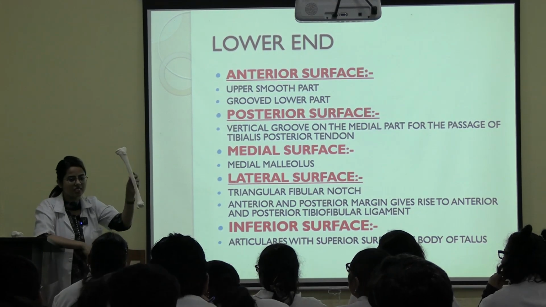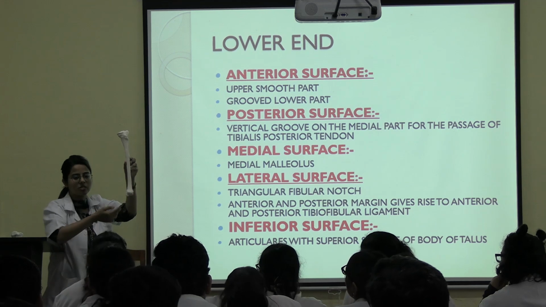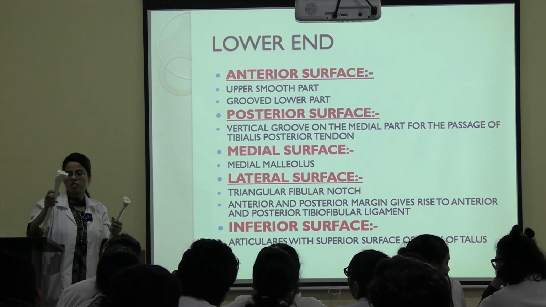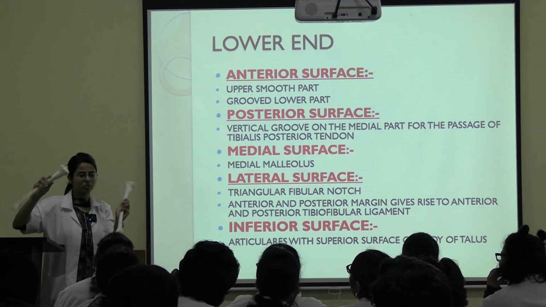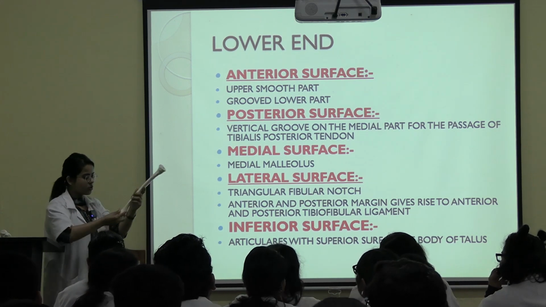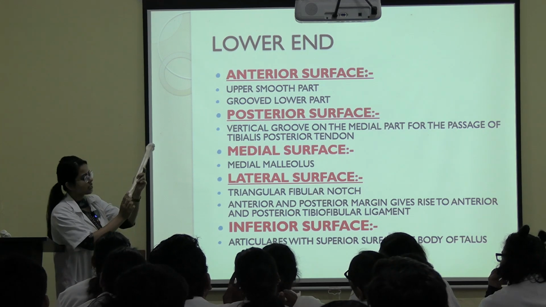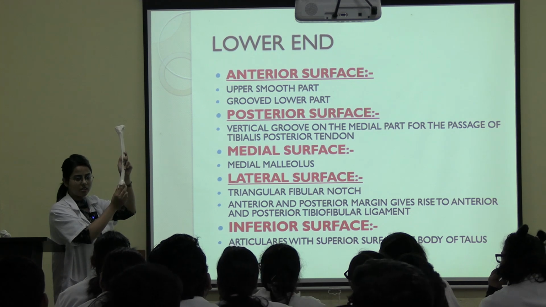So this is left sided. You can see that the medial malleolus is medial. In this bone you cannot see the soleal line clearly, that's why I changed the bone. So this is the anterior surface of the lower end.